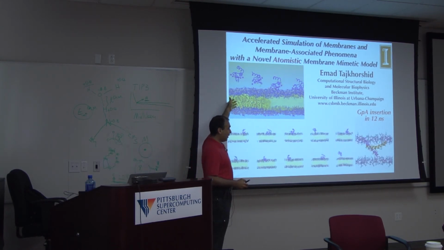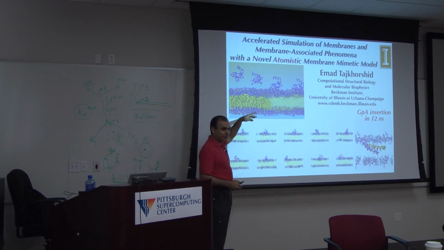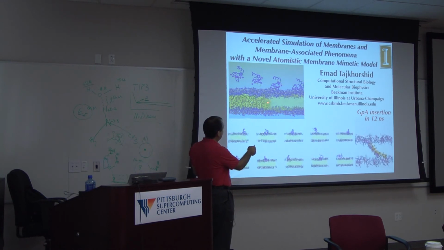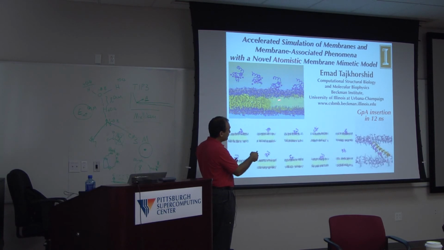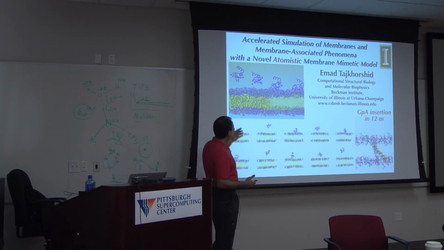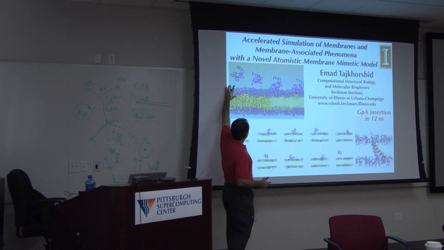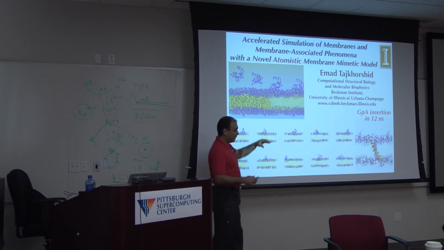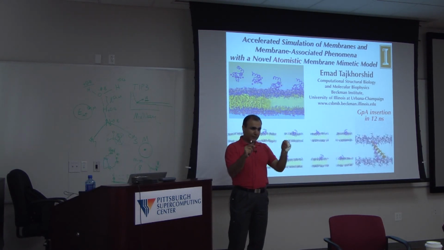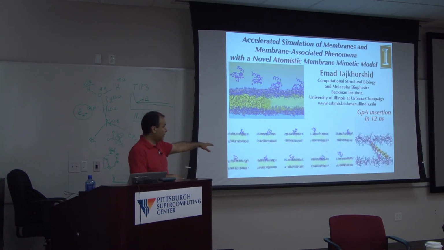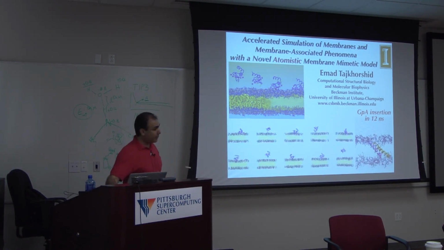This is now after three years of trying many different things; I'm just summarizing it in ten seconds. It's very simple. We just remove the tails and fill the gap with an organic solvent, which keeps the energetics more or less the same. That way you don't have to coarse grain your lipid bilayer. You have the exact representation of the head groups and the first few carbons in the tail. Then the diffusion and these spontaneous processes take place.